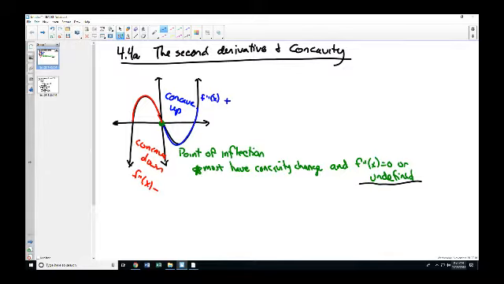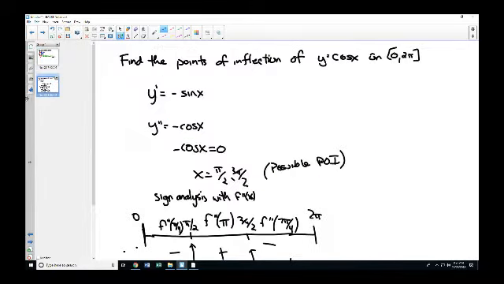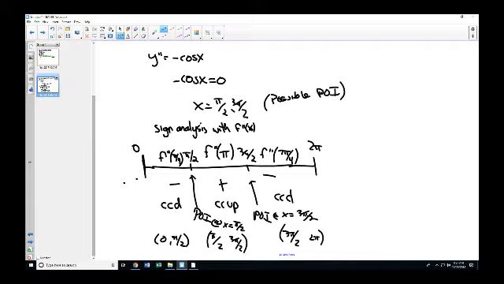If you find a spot where the second derivative does not exist, consider it a possible point of inflection and do your sign analysis around it. Okay? It's just like the first derivative. If the first derivative doesn't exist, you can still have a maximum or a minimum, right? Yeah. Same type of idea.